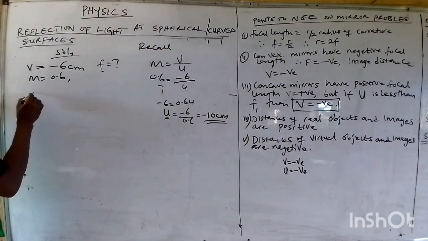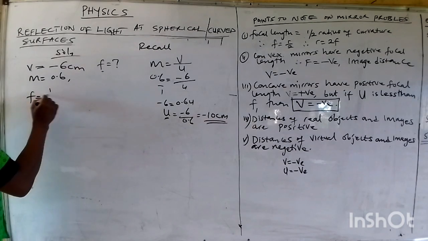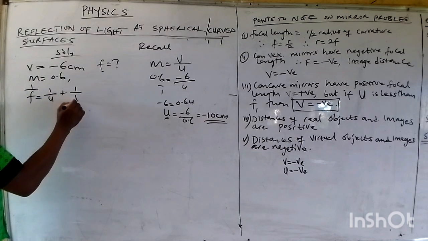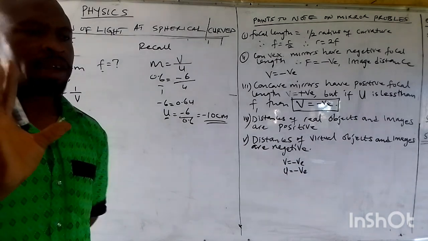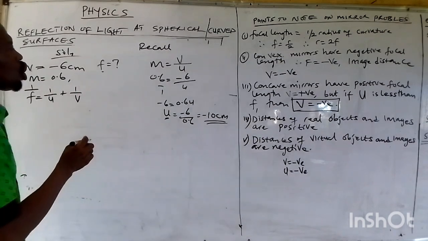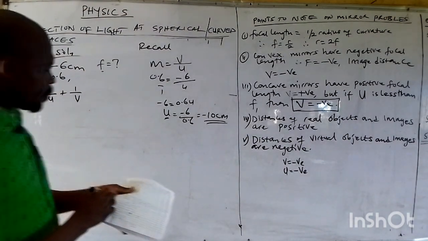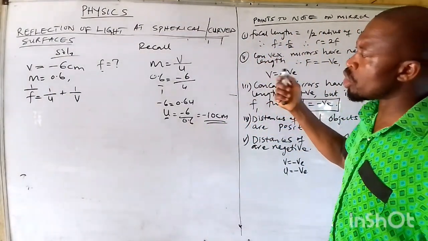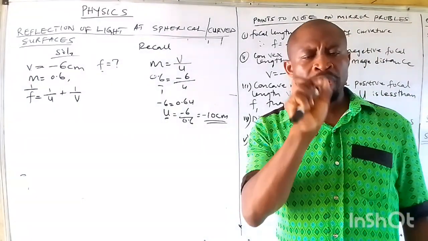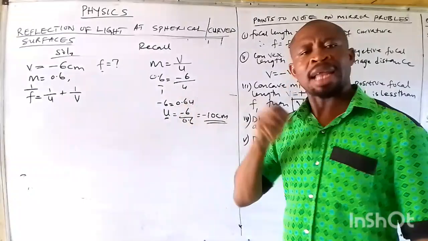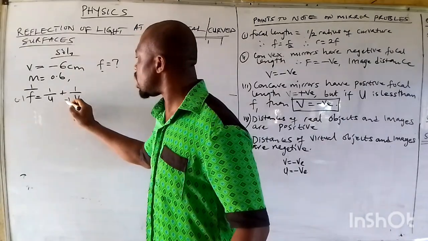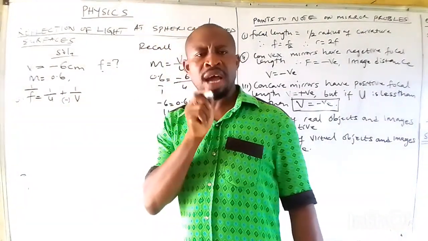Now for us to get our F, we have that 1 over F is equal to 1 over U plus 1 over V. The general formula first. After writing the general formula, at this point you can introduce the negative or the positive. Another point you need to note is that for a convex mirror that has both negative V and negative U, if you are asked to assume F is negative, you cannot use both negative signs at the same time.